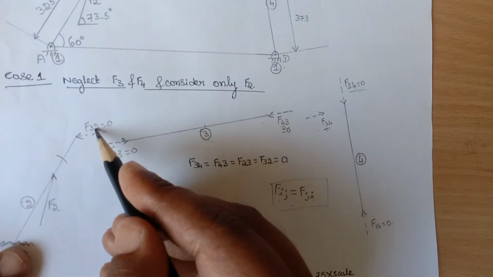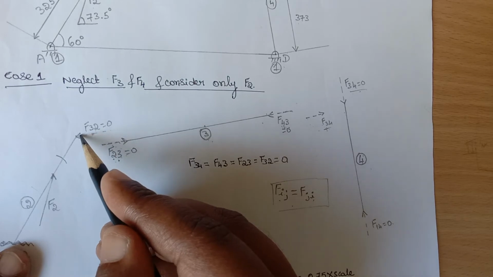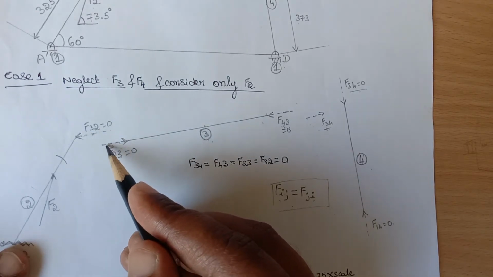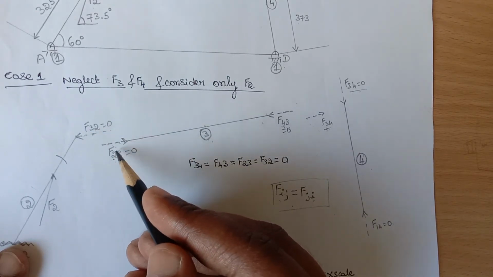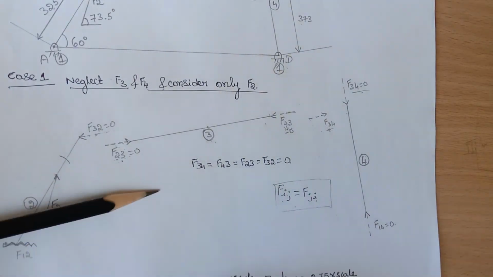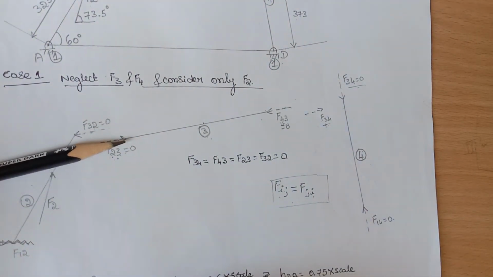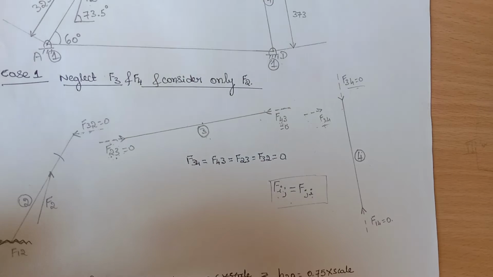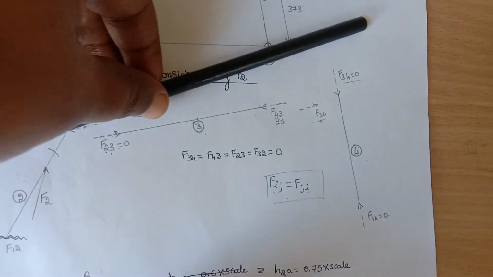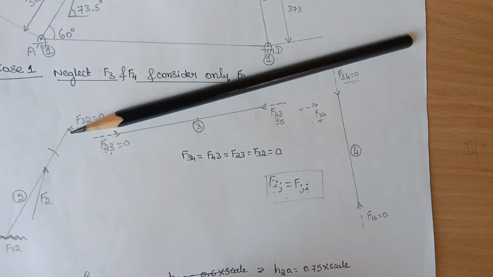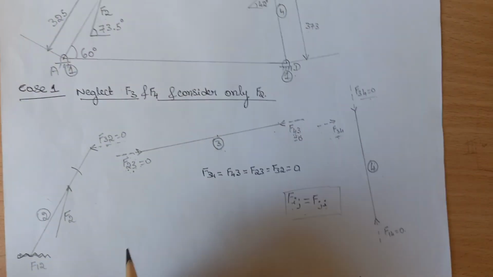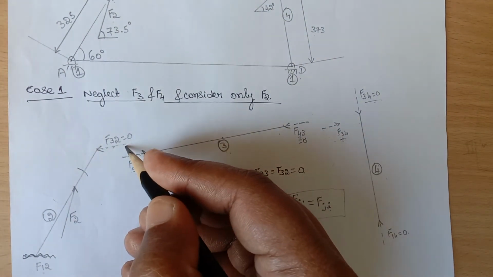But the direction of F32 should be opposite to that of F23. See here, this is the direction of F23, and hence F32 should be opposite to this, like this. Okay, so now this value is 0, this value is also equal to 0.